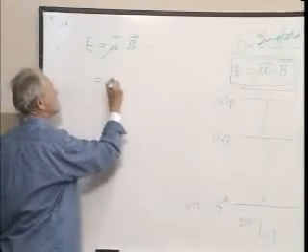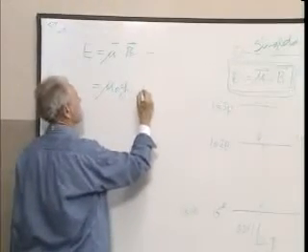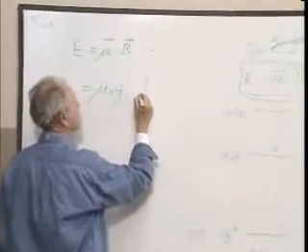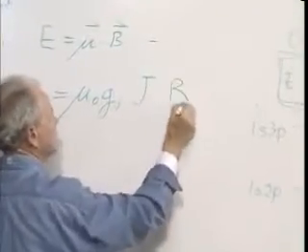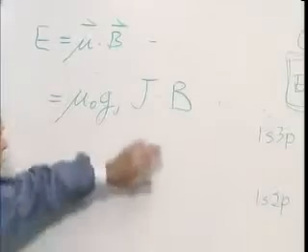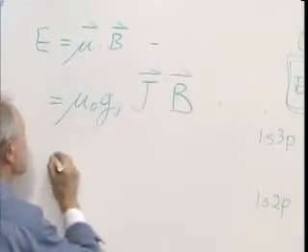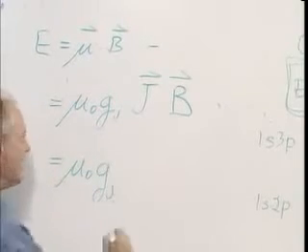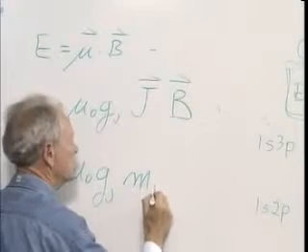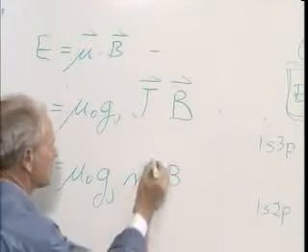And we have a constant, and we have another constant, and we have the angular momentum J and B. But we have a mu dot B like this, so this is going to be mu, G, M sub J times B.